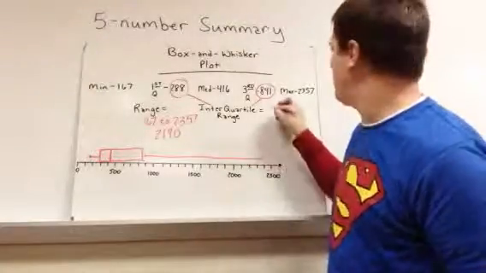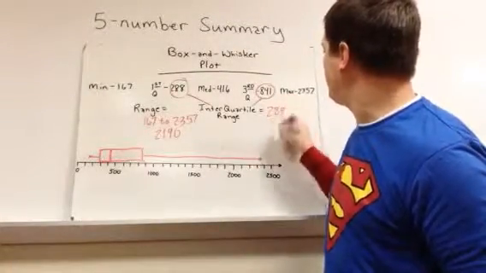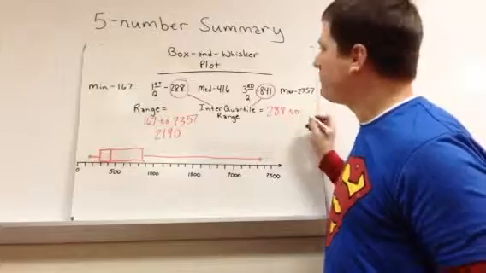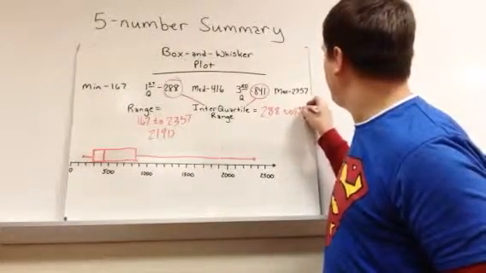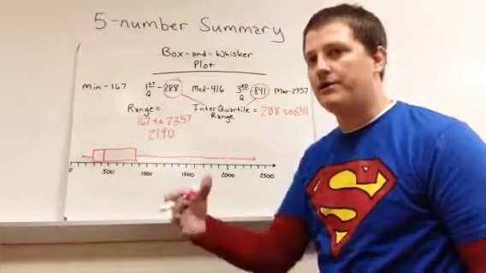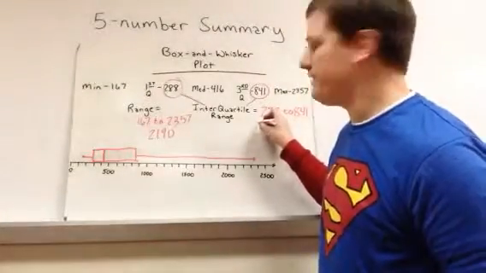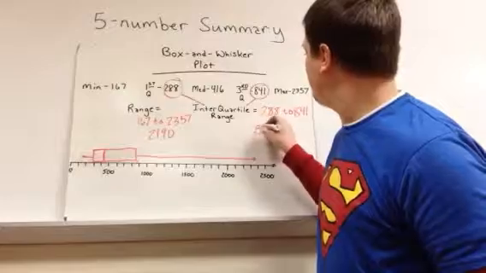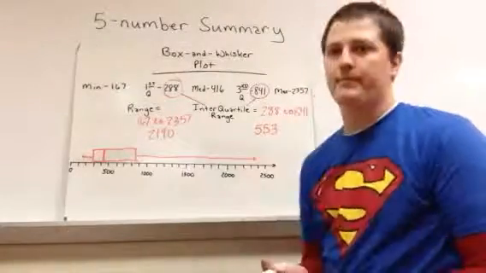So the quartiles go from 288 to 841. Then all we have to do is, again, take our calculator out, subtract these, and we find out that the interquartile range is 553.